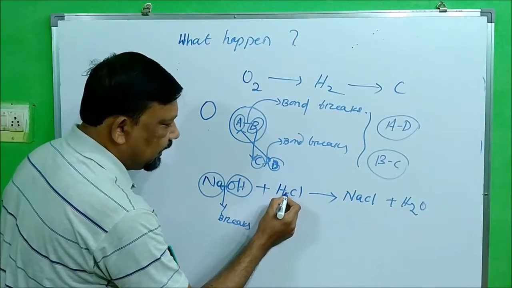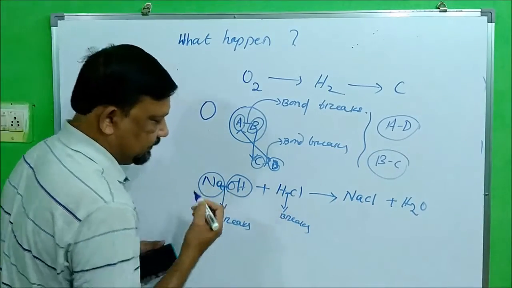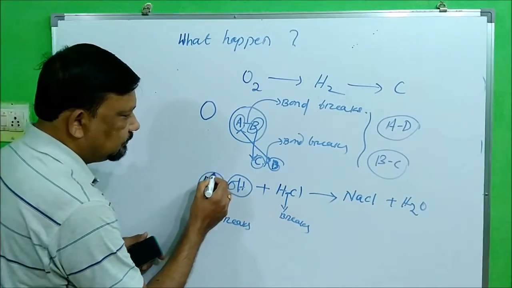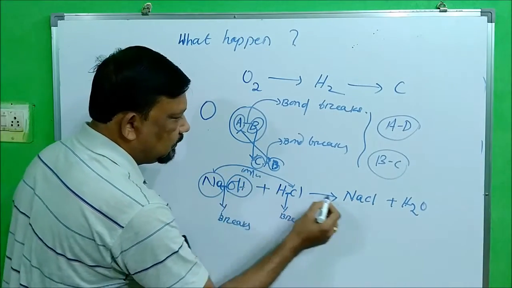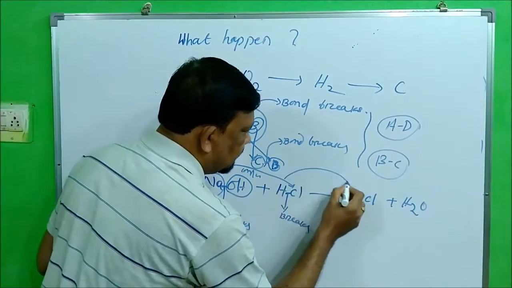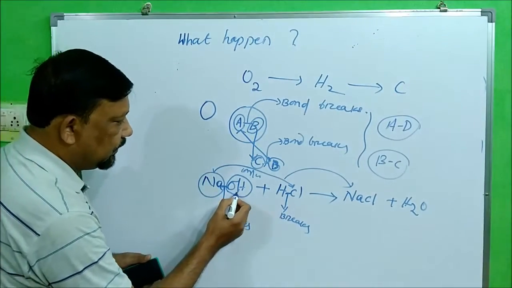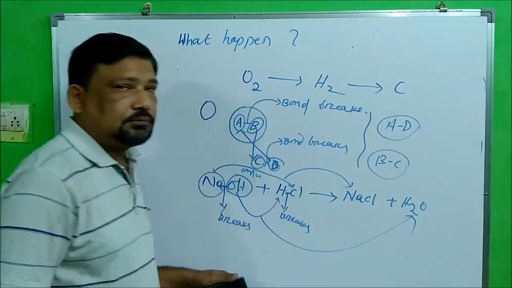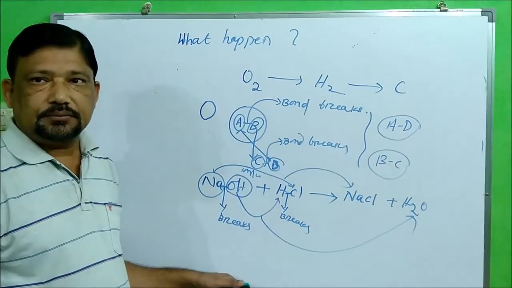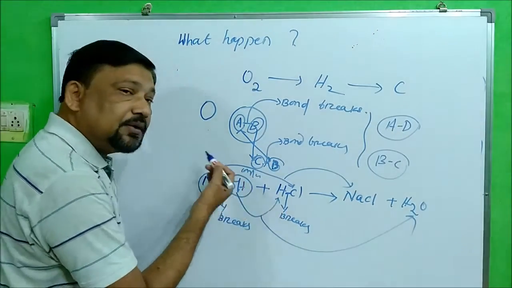Here also between hydrogen and chlorine, this bond breaks. Sodium combines with chlorine to give sodium chloride. New formation of bond is there. Similarly, OH combines with H to form water. So this new bond is forming, old bond is breaking.